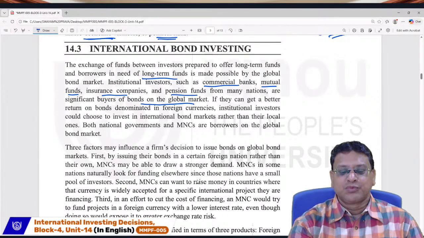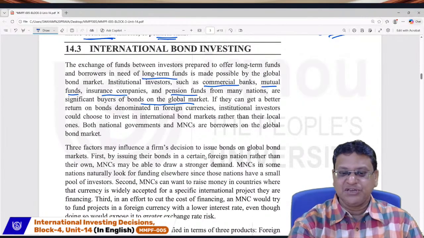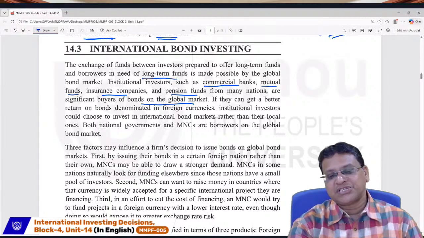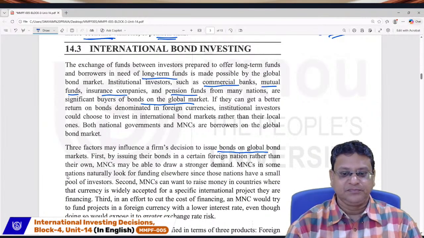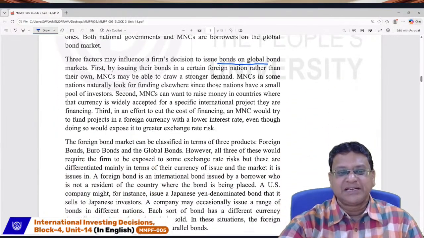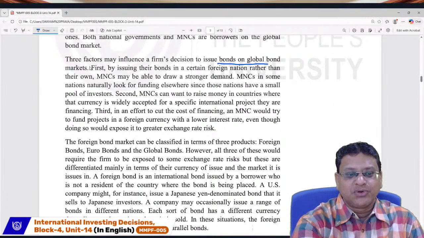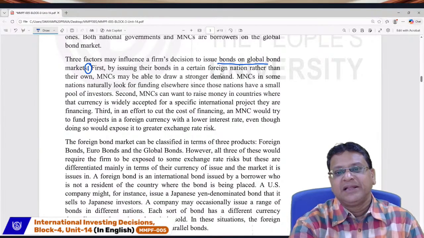So global bonds play a major role in international bond investment. These factors influence the purchase and issue of global bonds. First, what are the factors why companies are interested in issuing global bonds? First, issuing bonds in the global market in a foreign nation improves the image of the company.